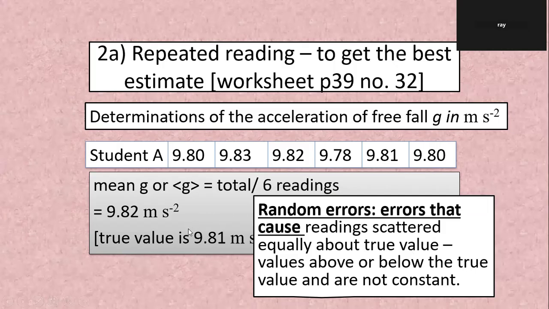Some values are smaller, some larger. So memorize either the previous one, you have to estimate the last significant figure, or if it's a sample, readings scatter equally about the true value. Values above or below the true value and are not constant.